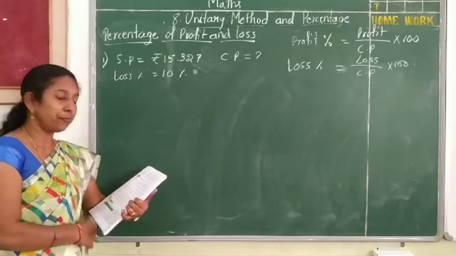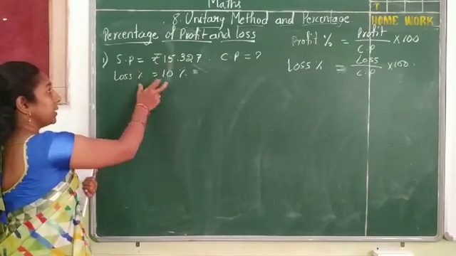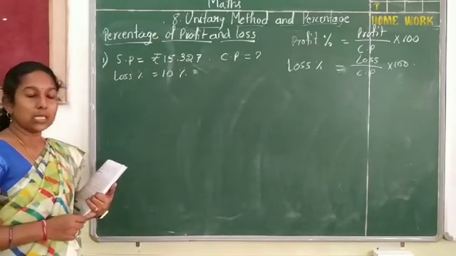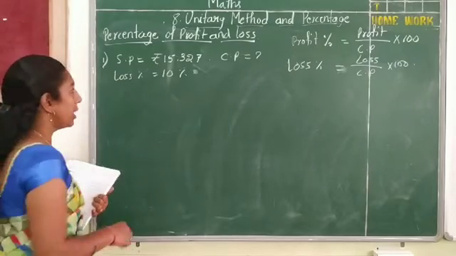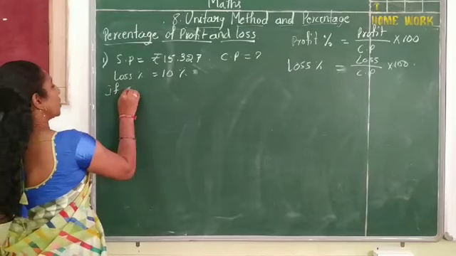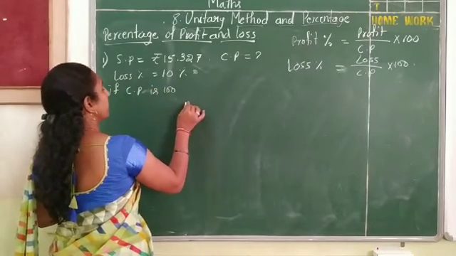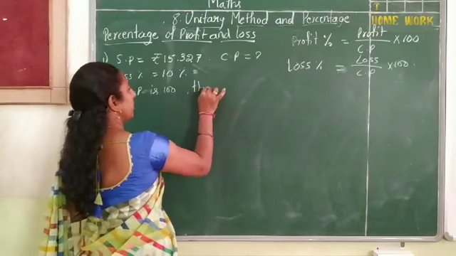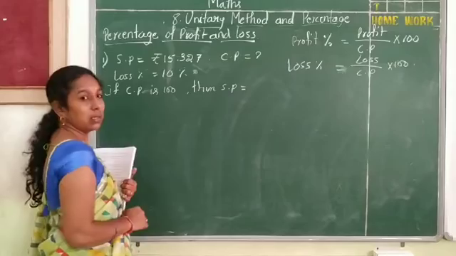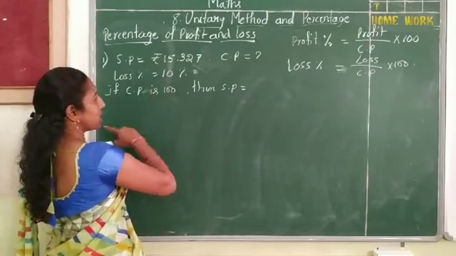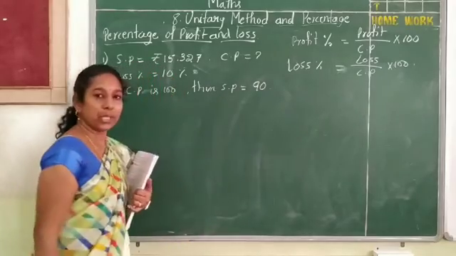The selling price and the loss are given here. So first I will take the cost price as 100. If the cost price is 100, then with a loss, the selling price will be 90 rupees. Correct?